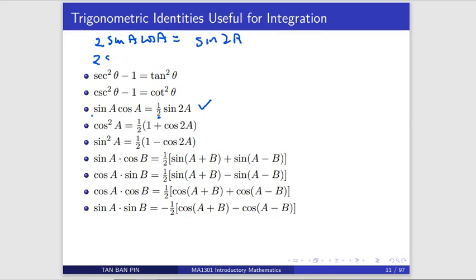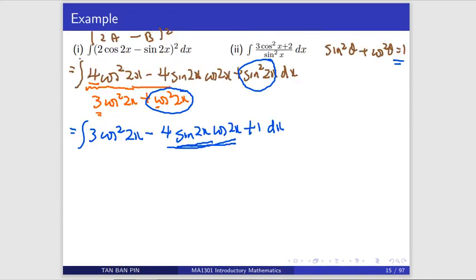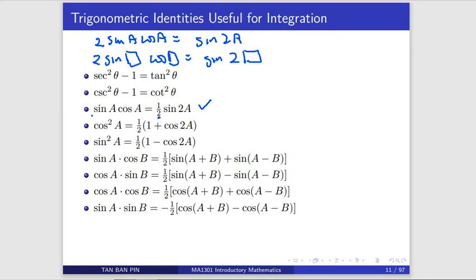And then you can take it as 2 sine box cosine box equal to sine 2 box. And after that, you can look at what you have. What you have is sine 2x cosine 2x with a 4. So what you have is 4 sine 2x cosine 2x, which means you should be writing 2x inside the box.